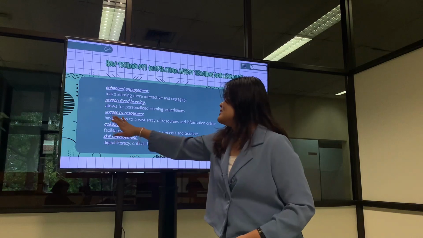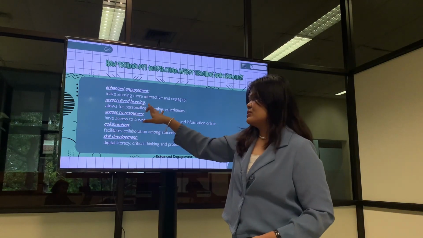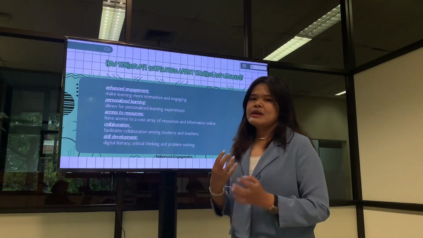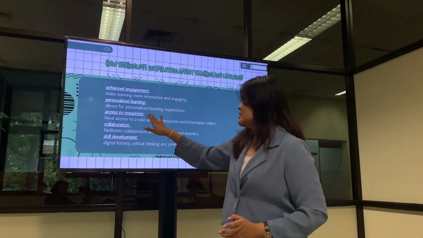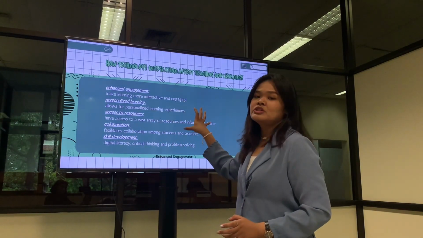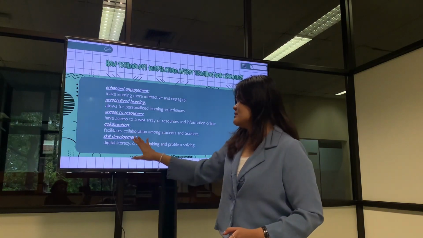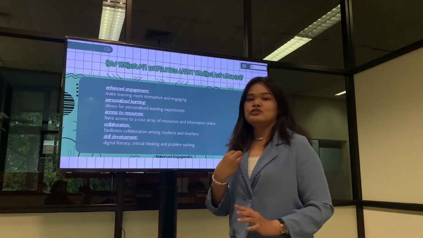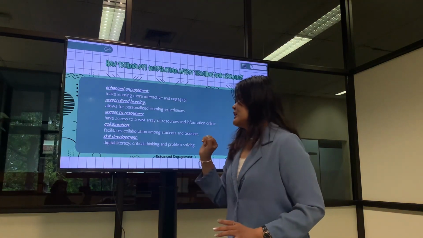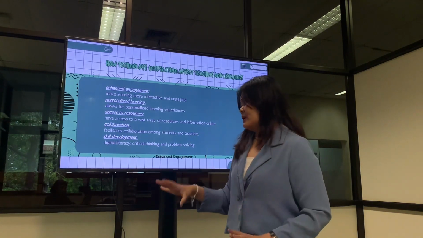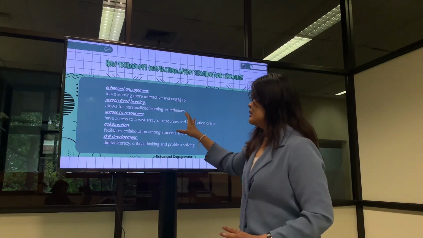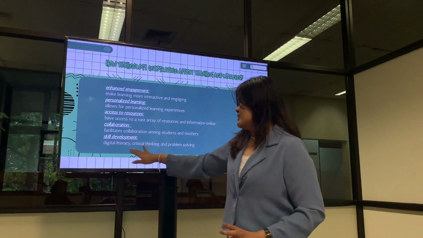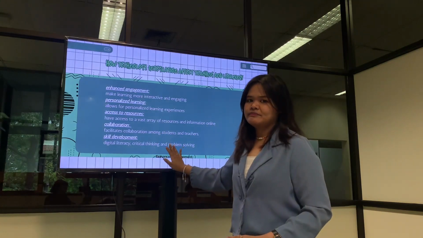The third one is access to resources. Technology gives us access to a vast array of resources and information online. Next is collaboration. It facilitates collaboration among students and teachers in the classroom. The last one is skill development. Technology integration can affect teaching and learning through digital literacy, critical thinking, and problem solving.